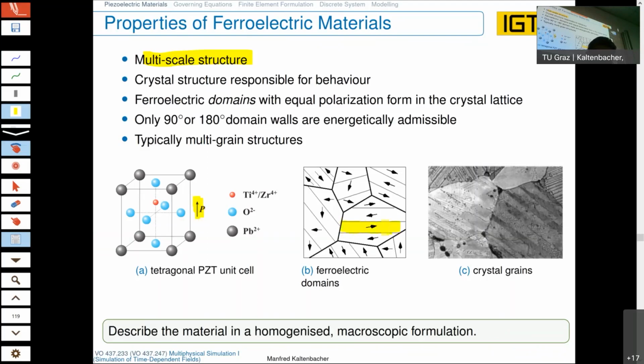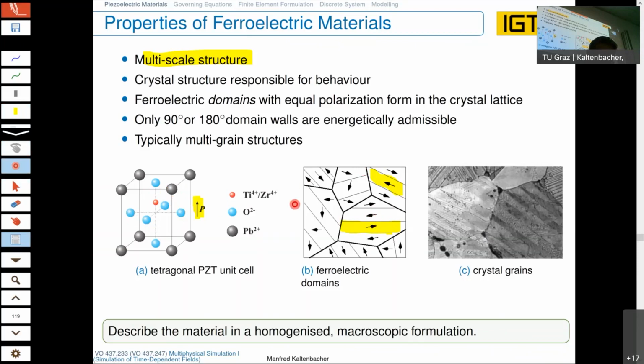which I show here, that is very similar to the Weiss domains you have in a magnetic permanent magnet. You see that the polarization vector is pointing for all the individual unit cells in the same direction. However, going to the next domain, it is totally different.